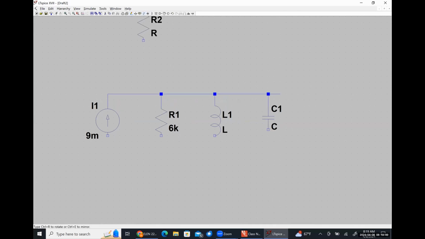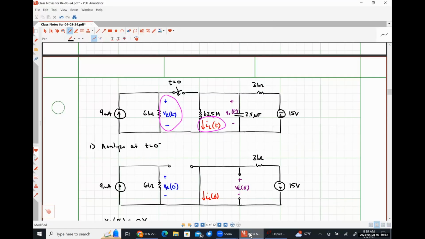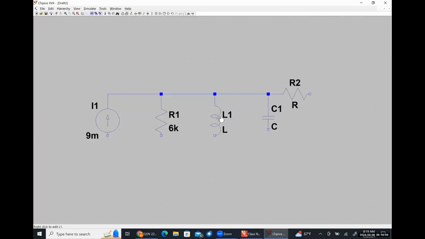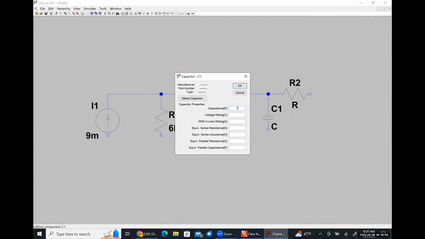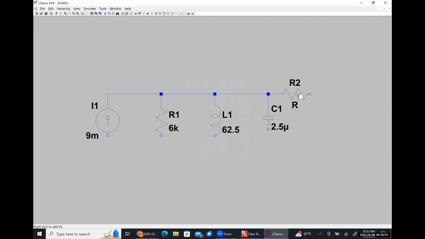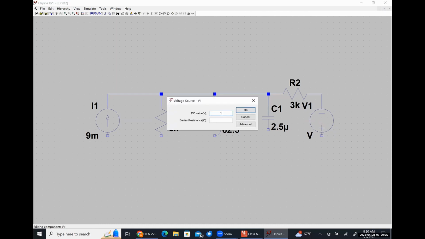I have another resistor. Let's go ahead and throw some component values in here. 62.5, 2.5 micro. 3K. Over here, I have a voltage source that's 15 volts, positive polarity on bottom.